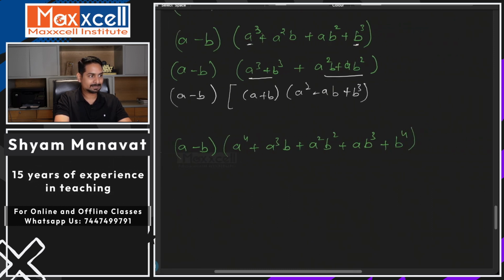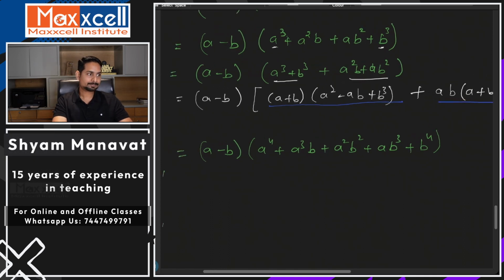So this first term I factorize like this, a cube plus b cube, applying that formula. Now in the second term, which is a square b plus ab square, I can see a and b are common in both. So if I take this common, I have a plus b again. This is the second term. Look at this carefully. First term what I did and second term what I did.